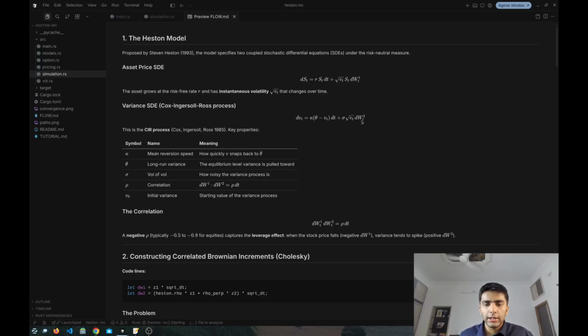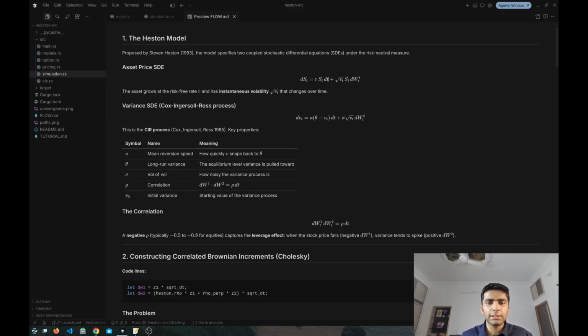Okay, and the important part to note here is that these two Brownian motion values are correlated, they are not independent. Why is that? Because we observe in the markets that as prices fall, the volatility increases. So we can say that both of these are negatively correlated. That we represent using this equation.